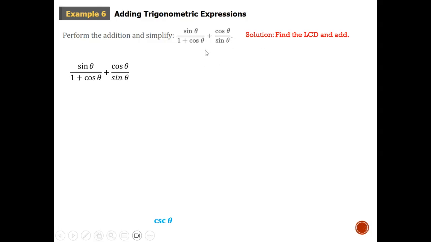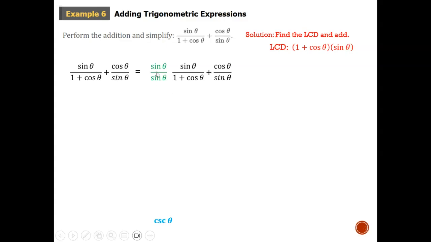To add them, you have to find the LCD. The LCD between 1 plus cosine theta and sine theta is going to be sine theta times 1 plus cosine theta. So the first term, sine theta over 1 plus cosine theta, is missing the sine theta. So I'm going to multiply both numerator and denominator by sine theta.